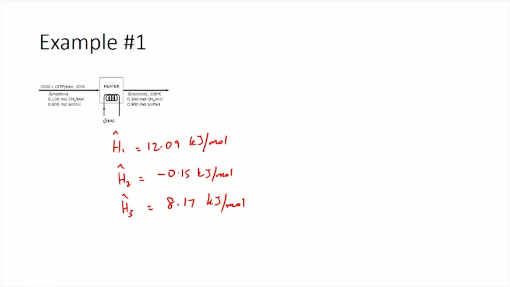So, the delta H dot value, which is equal to sigma of outlet Ni dot Hi cap minus sigma of inlet Ni dot Hi cap has to be calculated.